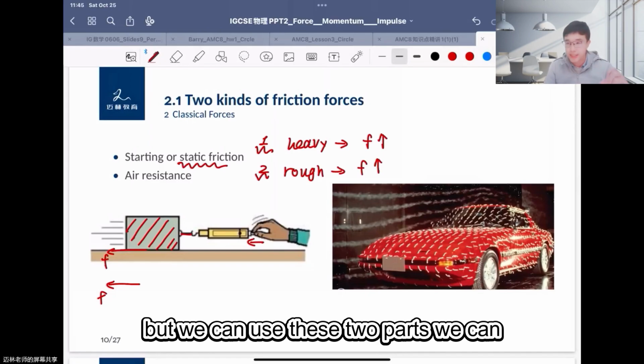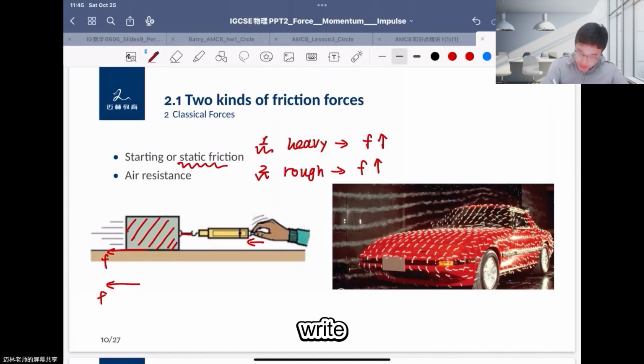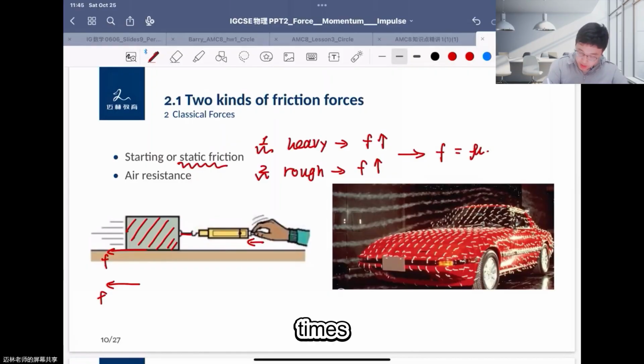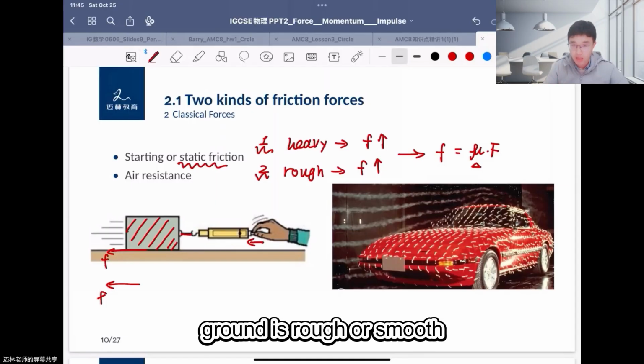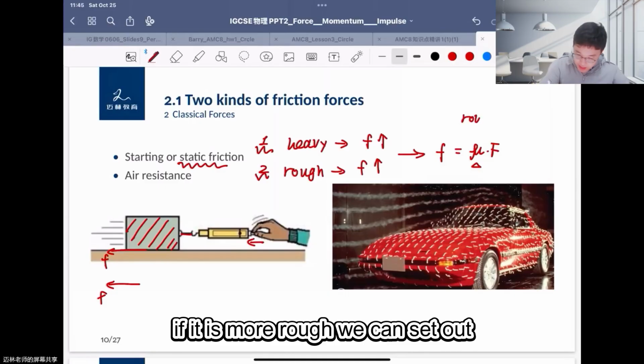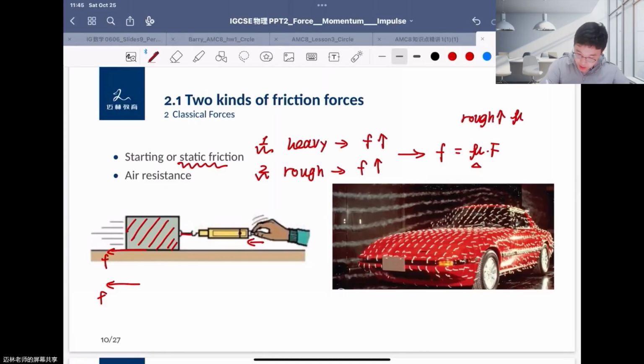So we can use these two parts to write a formula: the friction force equals mu times F. Here, mu means whether the ground is rough or smooth. If it is more rough, mu increases.